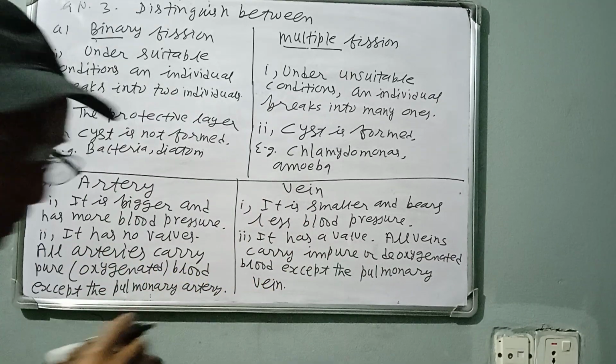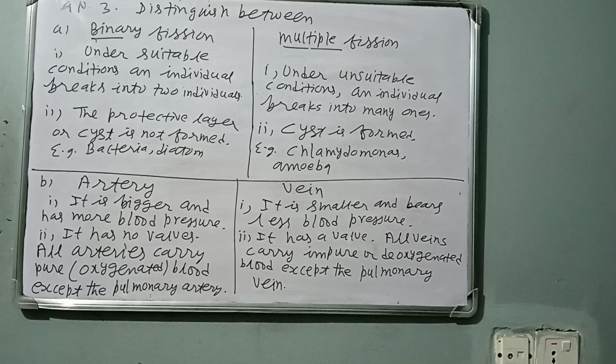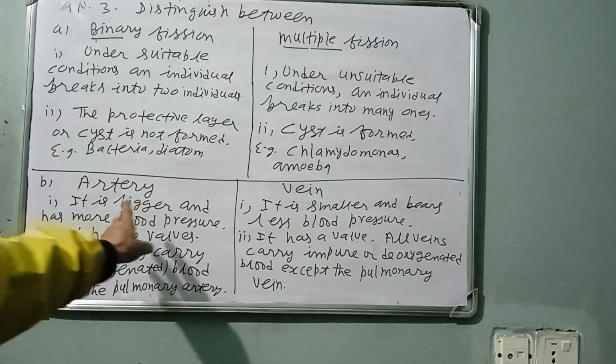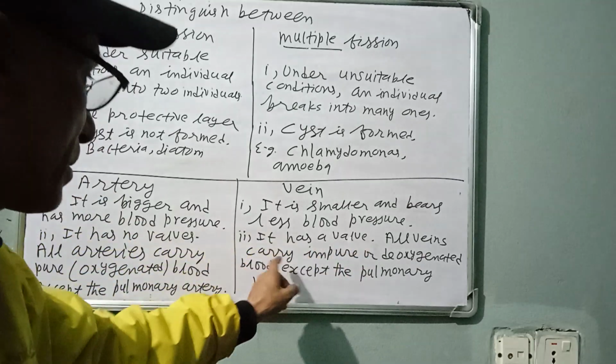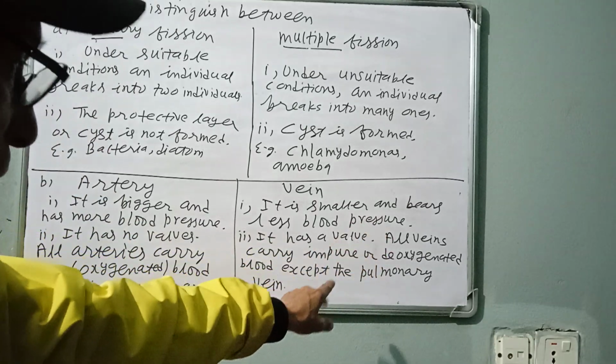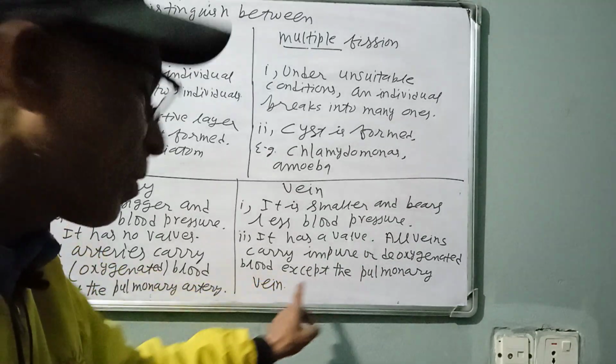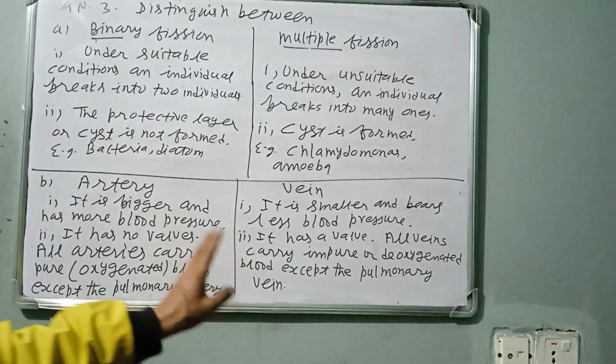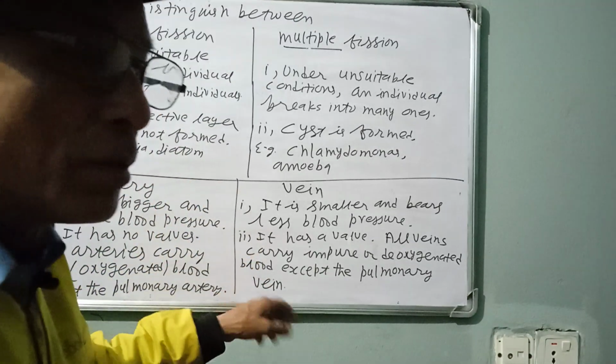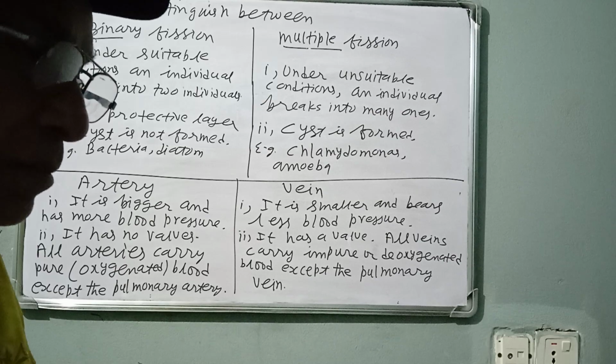Now, what is the meaning of this sentence? Just think. All veins carry impure or deoxygenated blood, but the pulmonary vein is the vein which carries pure blood from the lungs to all parts of the body.